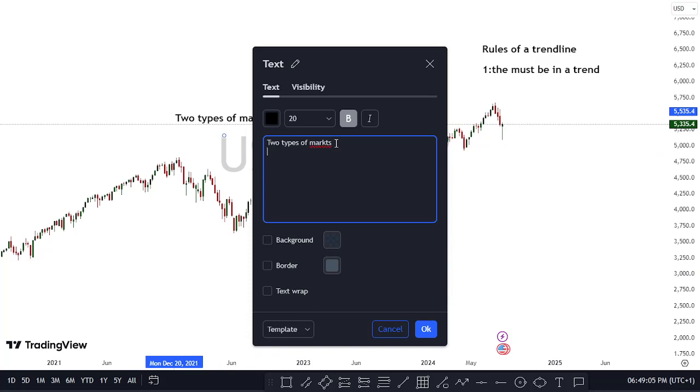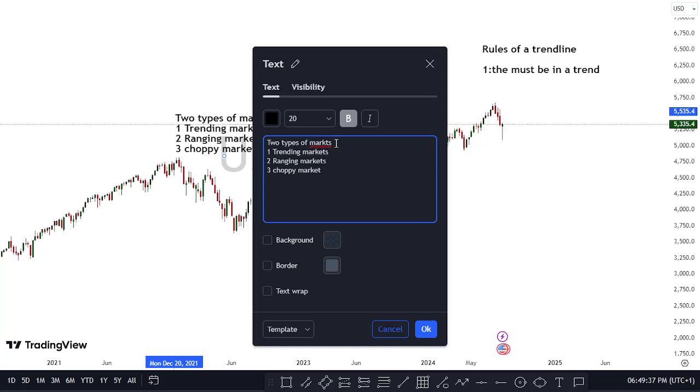The first one is a trending market, as you know. Two is ranging market, and then three is choppy market.